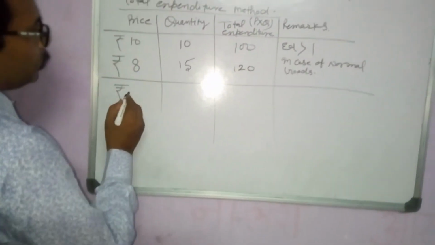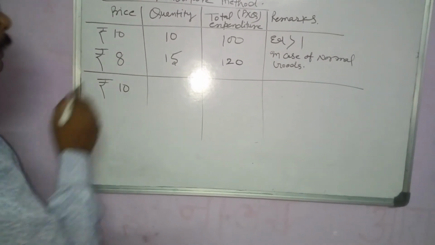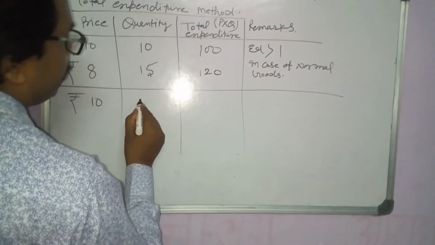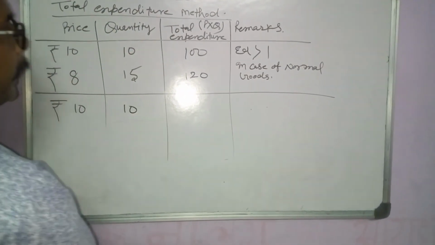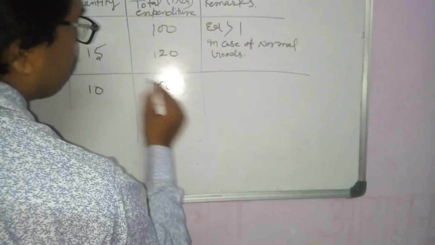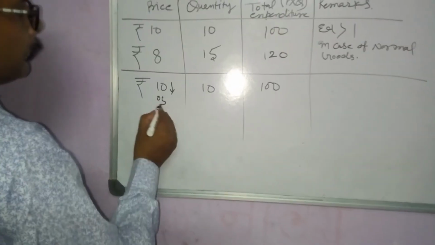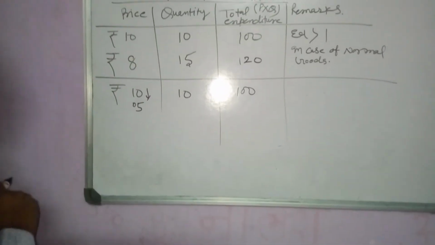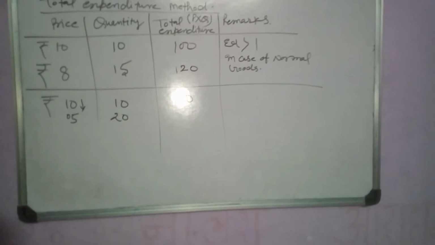Okay, now in the second stage, let the price of the commodity be 10. We are ready to buy suppose 10 units, so again our total expenditure is 100. Now the price falls from 10 to 5, and we are ready to have 20 units of the commodity.